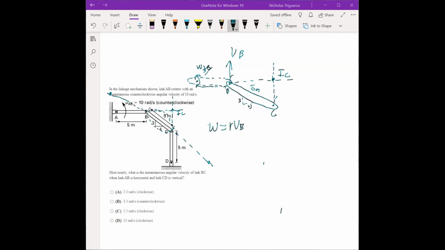Am I correct on that? Other way around. It's VB equals R omega. Yeah, and then you can find VB here because you have the length of AB.